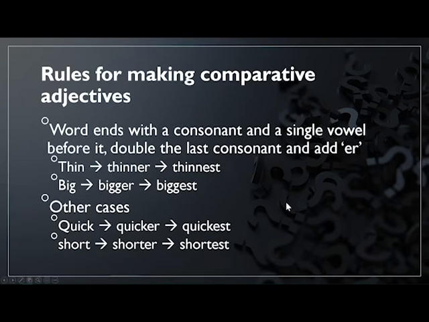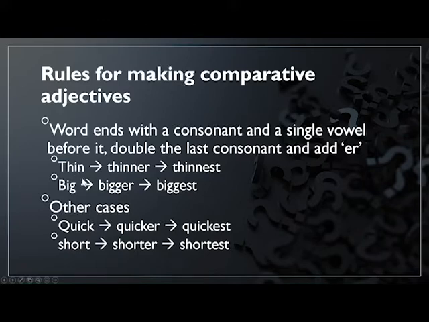If the word ends with a consonant with a single vowel before it, we double the last consonant and add ER to make it a comparative adjective. For example, the word thin. Thin has one consonant, the letter N, and before that we have a vowel.